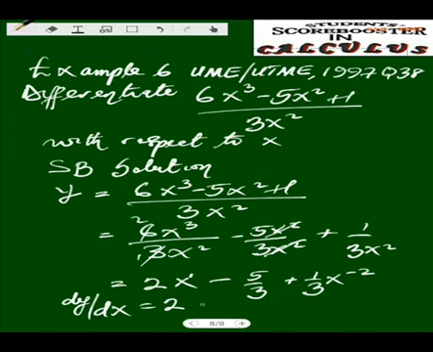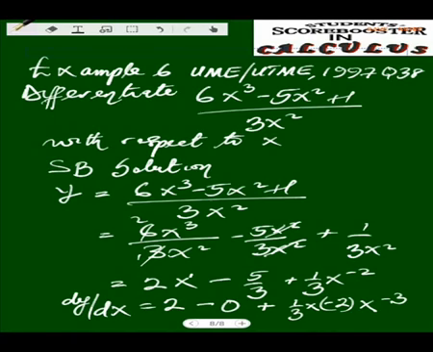Minus, this is what, a constant, 5 over 3, if you differentiate this one you get 0, and plus, okay, now what you have here is 1 over 3 times minus 2 and x raised to power minus 2 minus 1, and that will be minus 3.